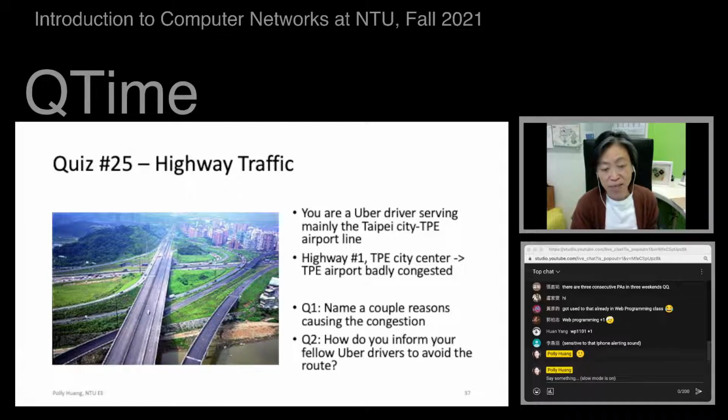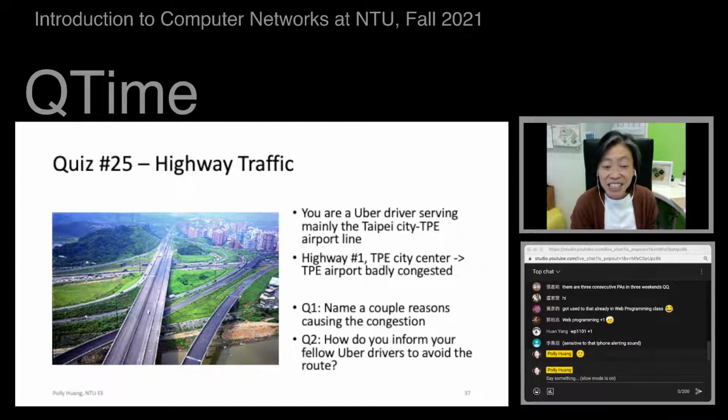Q2 is, being part of a car fleet, an Uber driver fleet, how would you inform your fellow Uber drivers to prevent them from coming up on the highway, and maybe suggest they take some detour? How do you inform them? When do you inform them?